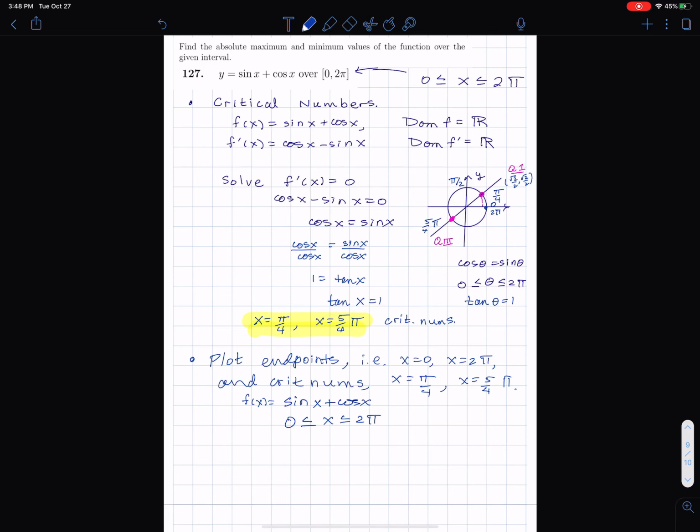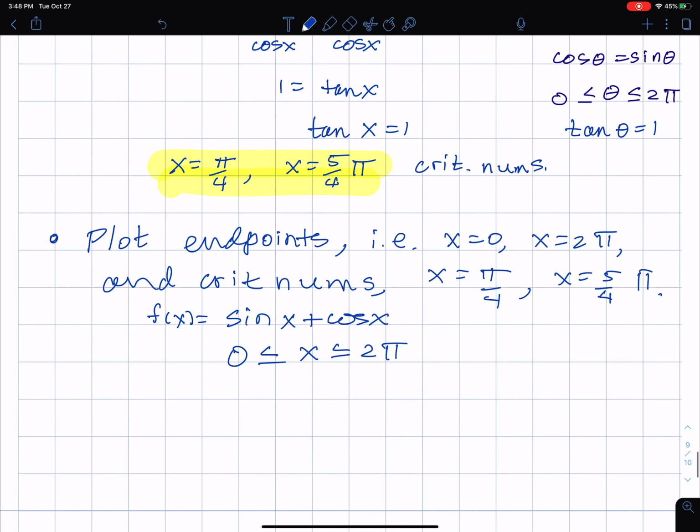I'd rather see if I can do it without a calculator, even though that might be too old-fashioned or something. Maybe it's not good teaching to say do it without a calculator, but I'm going to see if I can do it without a calculator.